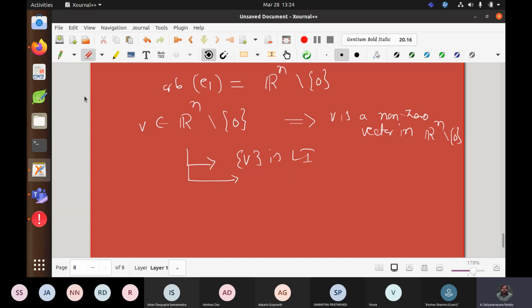So 2 by 2 and n by n, you see the beauty here. Extend it to a basis of Rn. Okay. So now collect those vectors, right? Now I have V and some other vectors, V1, V2 up to Vn minus 1, and it is a basis for Rn.